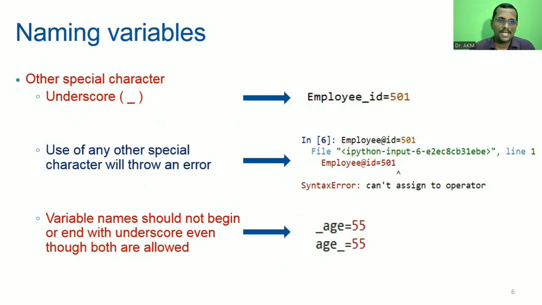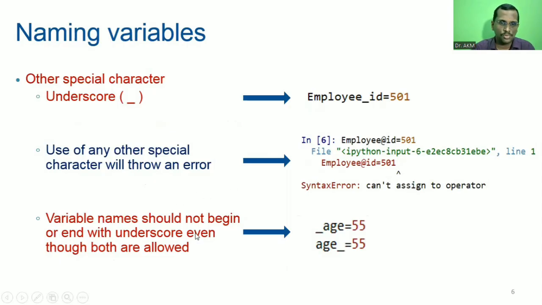What are the other possible variable declarations? The underscore symbol is acceptable, for example employee_ID. Using any other special characters will give an error. For example, employee@ID is not allowed. Only the underscore symbol is allowed.